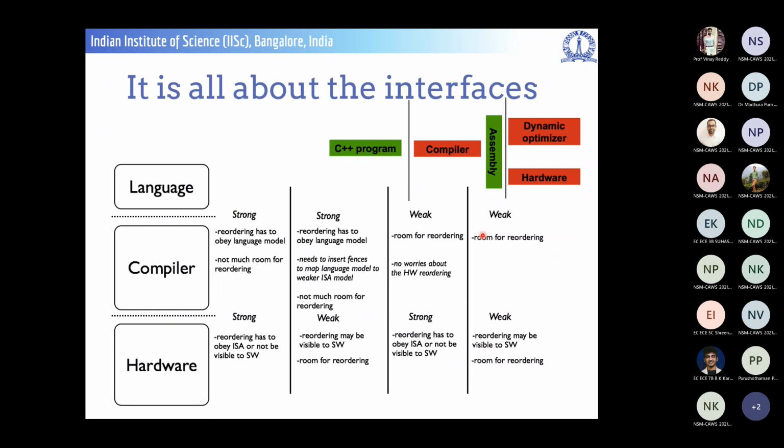I can't go into the details, but the high-level idea is that at each level, when you are talking about the compiler, it is taking a high-level program and it has to define for that language what reordering it will allow. Once it goes to the compiler, it needs to check with the hardware what reordering it actually allows and what it has actually promised to the upper-level language.